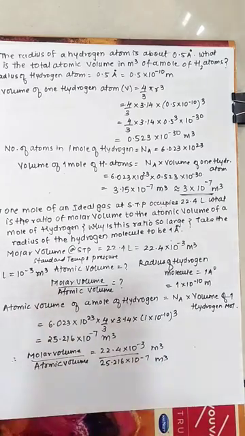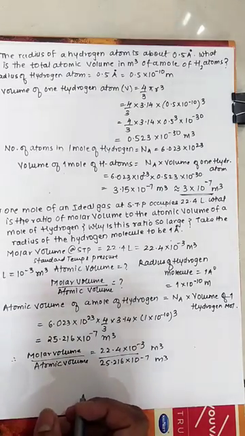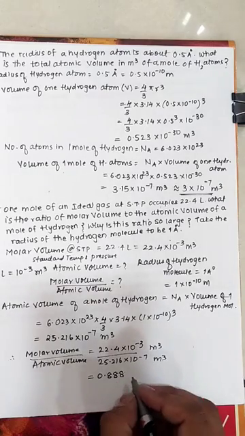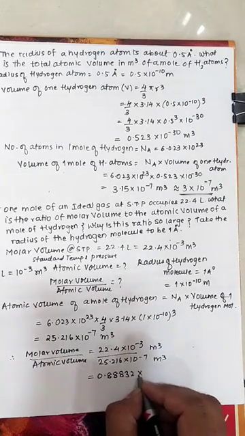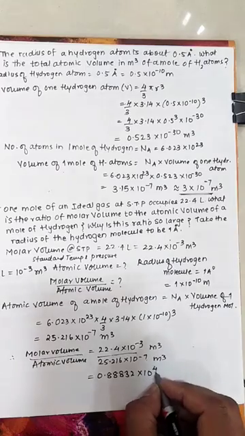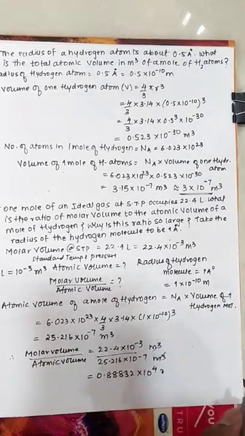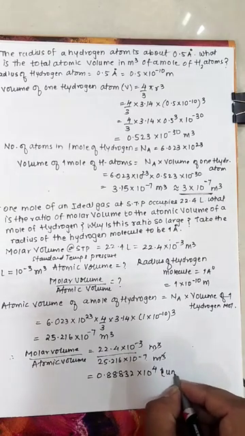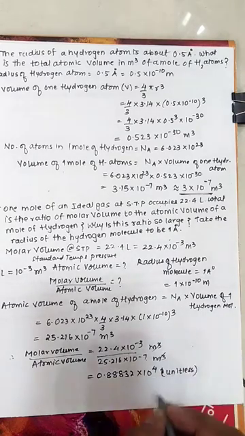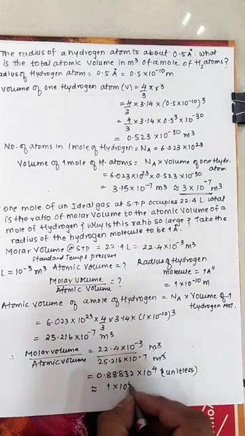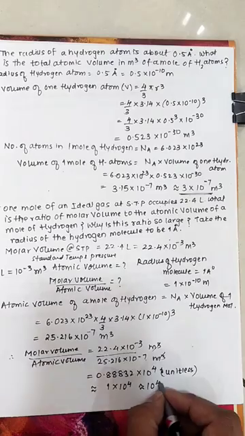Till this clear? 22.4 divided by 25.216, I am going to get 0.888 recurring, and 10 power 7 minus 3 would be 4. The ratio is unitless, I can say. So this can be approximated as 0.88 considered to be 1 only. So my answer is 10 power 4.